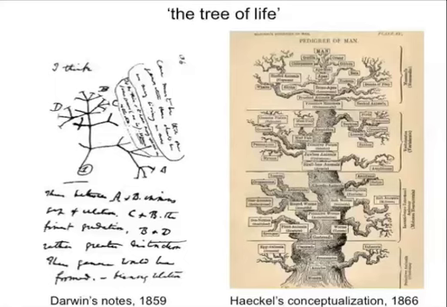Another way of conceptualizing this is Haeckel. If you don't know about this guy, oh, what a wonderful artist and naturalist he was. He conceptualizes this as a tree of life. Now, in this tree, we sort of imagine a valuation, if you will, of the hierarchy with man at the top and all these other organisms branching out earlier.